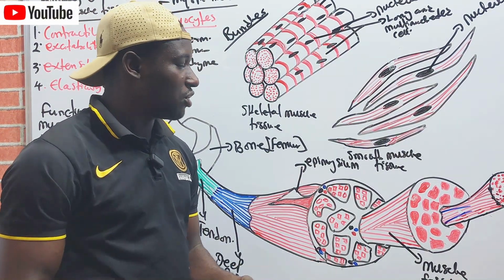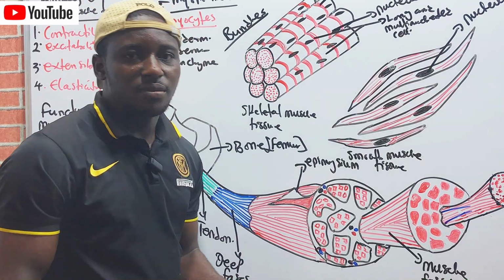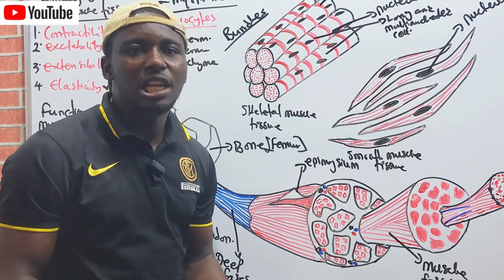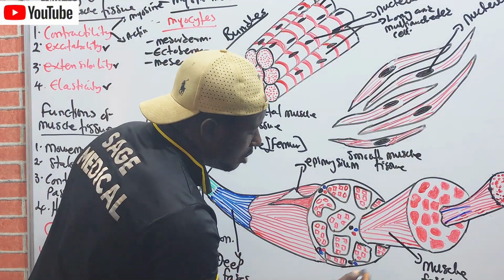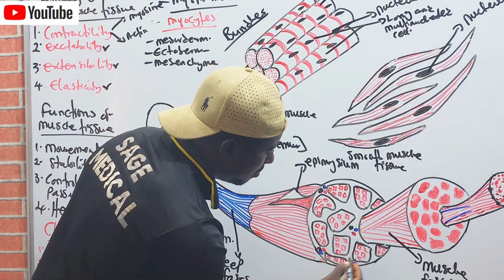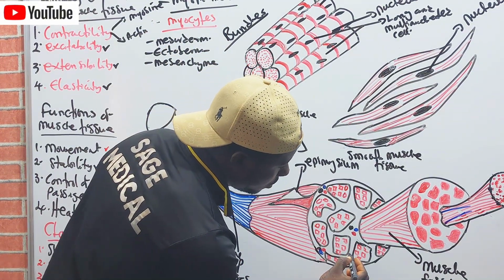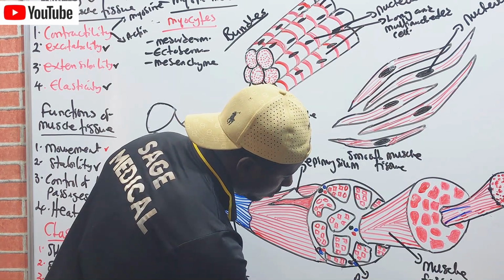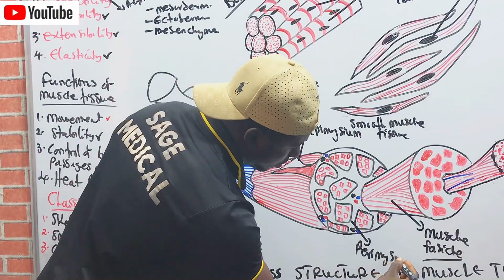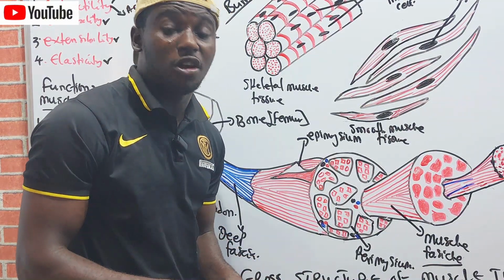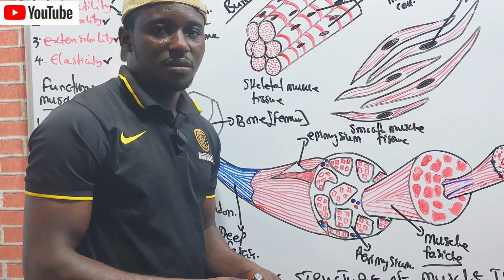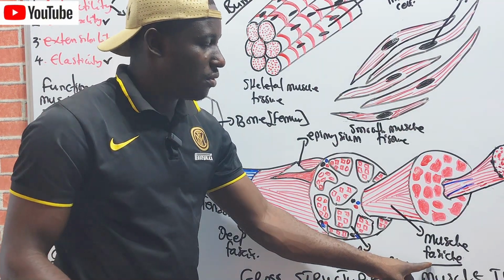The muscle fascicles are surrounded by the perimysium. This is the perimysium. The perimysium is a thin sheet of connective tissue that surrounds the muscle fascicles.